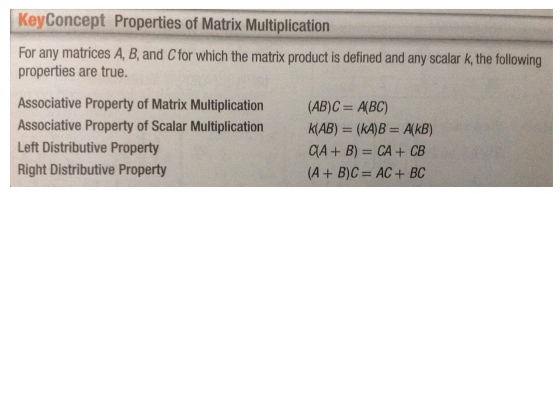If you're adding A plus B and then multiplying that value by C, you can distribute that C and make it C times A plus C times B. So you can distribute, but notice the C has to stay on the left. If you do A plus B times C, where C is on the right, then C has to be on the right over here.